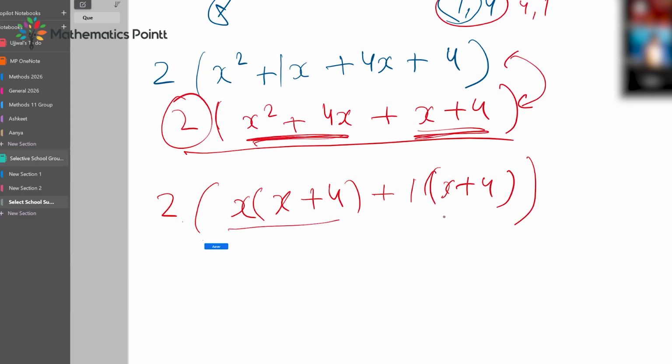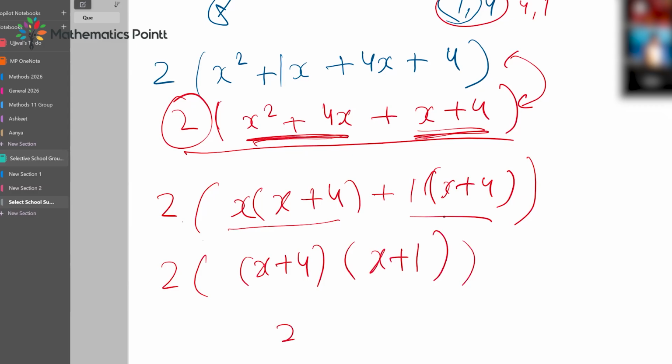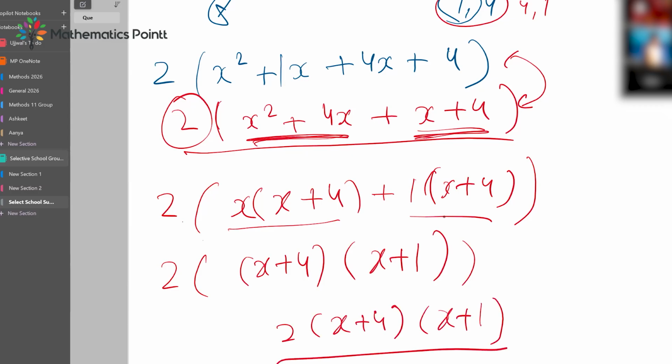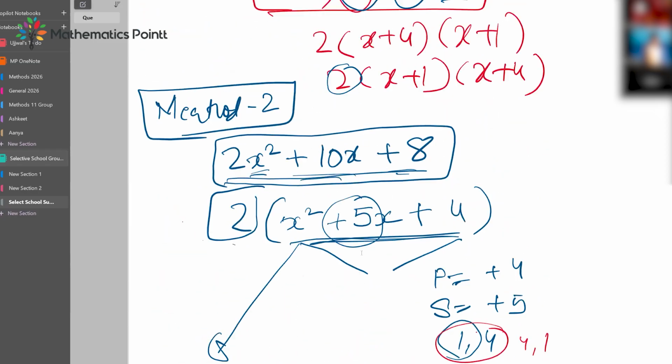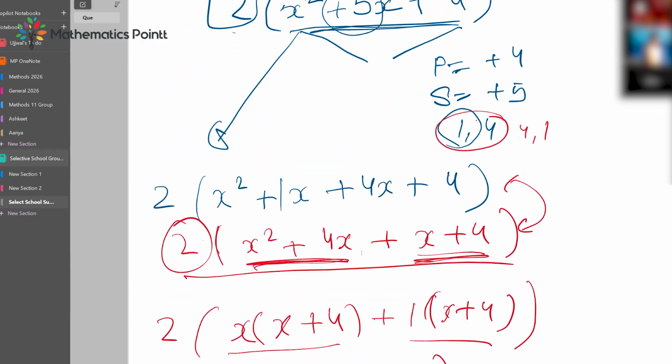And now, what is the common between the two? Keep this 2 out. x plus 4 and x plus 1. You see, and I can just write it like this. Job done. Now, whatever way you think is easier, I personally feel that method 2 is easy.